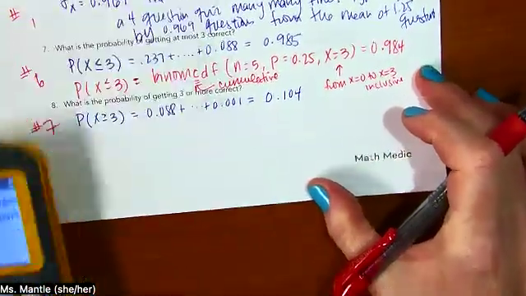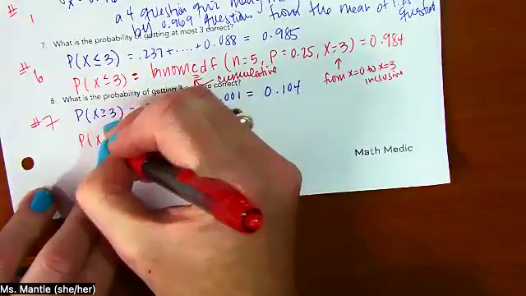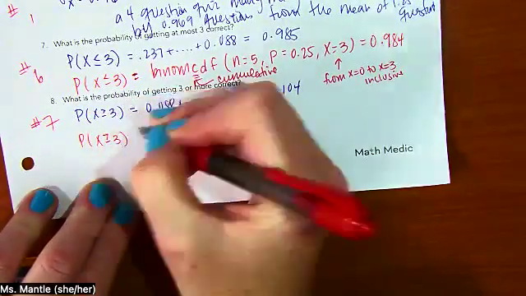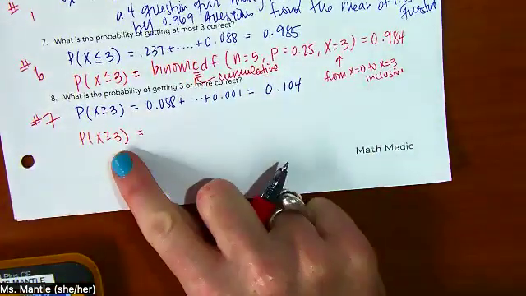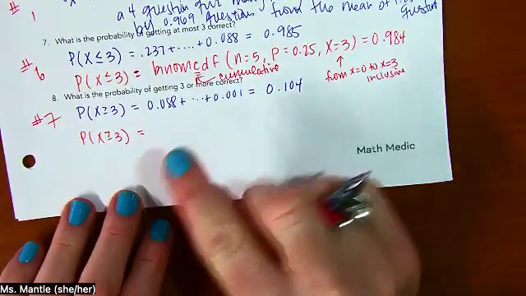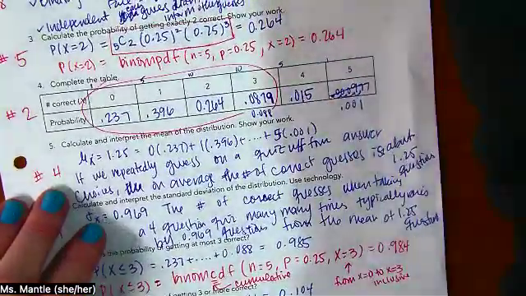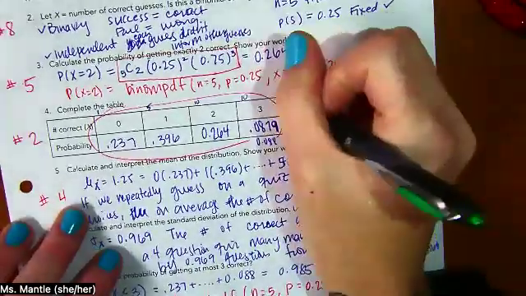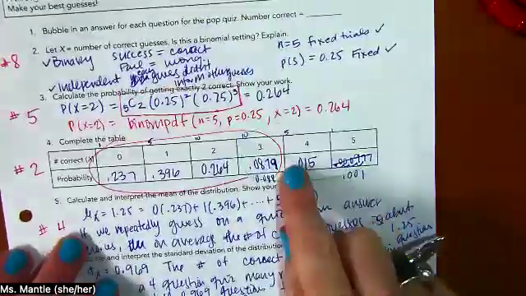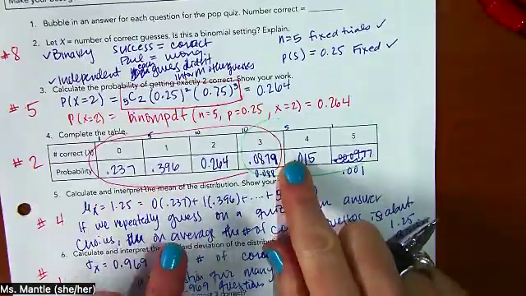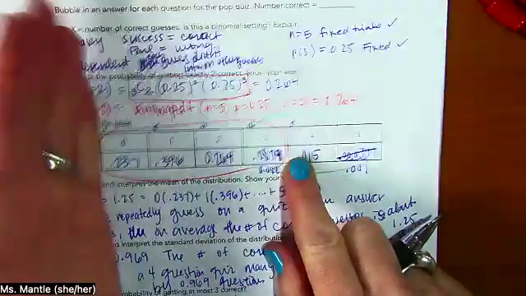Okay, so then if I want P of X greater than or equal to 3, okay, well, so the problem here is that in the probability distribution, I'll just change a color here. I want these values. Okay, but the cumulative distribution function starts at 0.